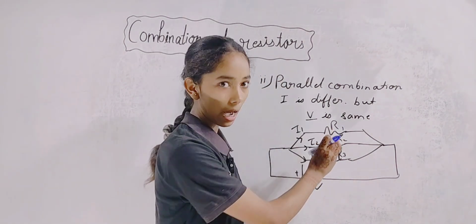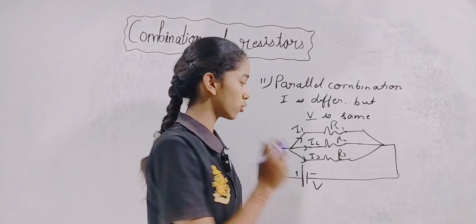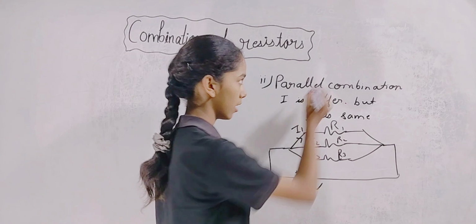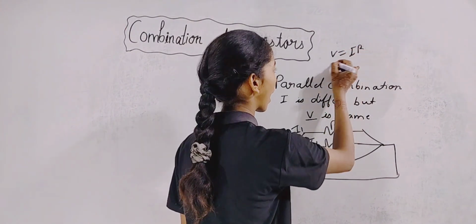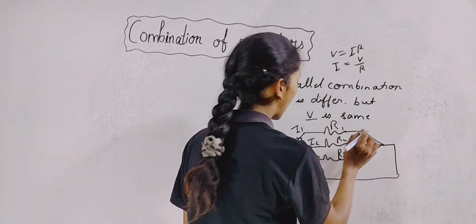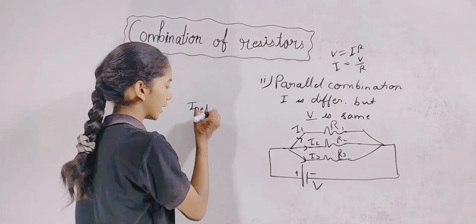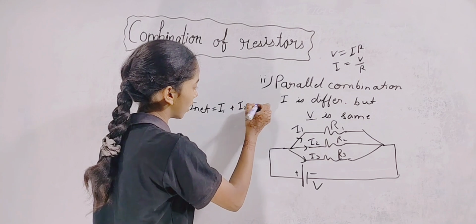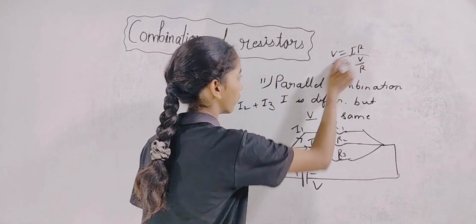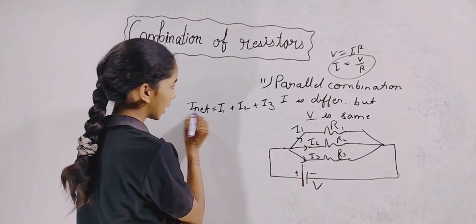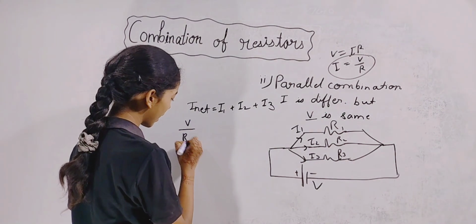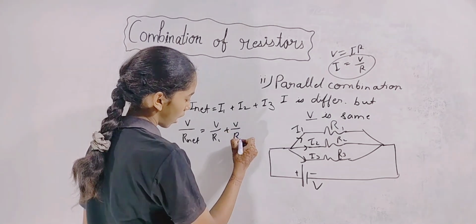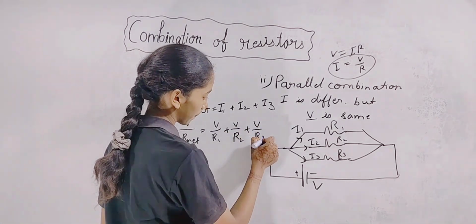We have to find R here, but first we need to find the total current. We will use the formula of current: V is equal to IR, so I will be equal to V by R. If we have to find I net, we have I1 plus I2 plus I3, and with the help of this formula we can write that I net, meaning V by R net, will be equal to V by R1 plus V by R2 plus V by R3.